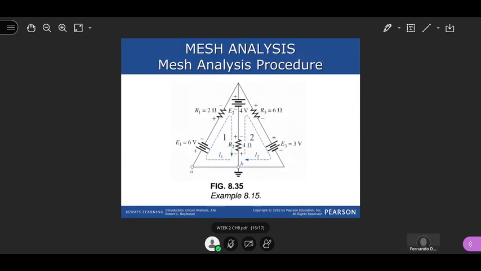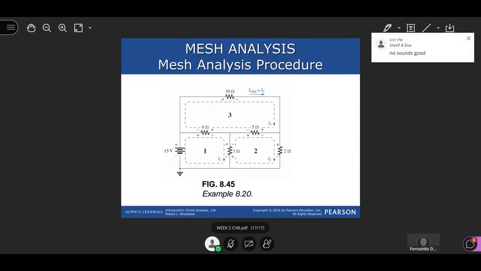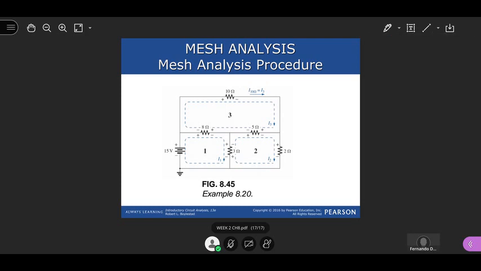Okay, so the circuit could be any different shape. So it can be this shape, it can be anything, right? This is just a different example. You can have 3 loops here, right? You can have 4 loops, it's all the same. The only thing here, look how powerful this method is.